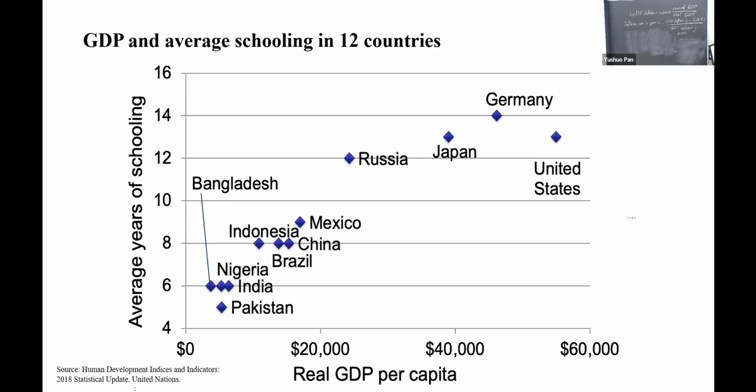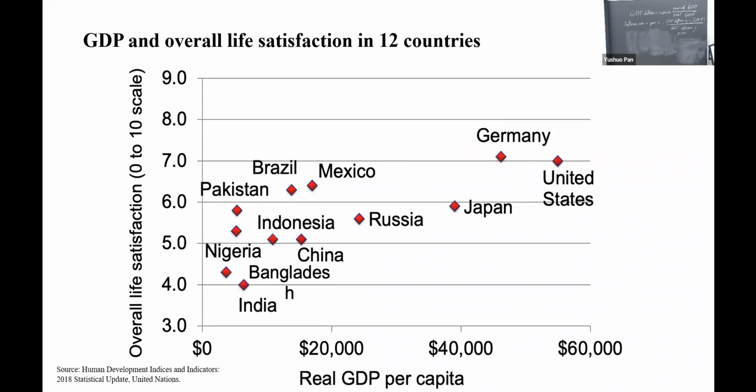The relationship is kind of a positive straight line. The last example is overall life satisfaction. Again, the relationship is kind of a straight line. But the most important is the indicator: real GDP per capita is really important.